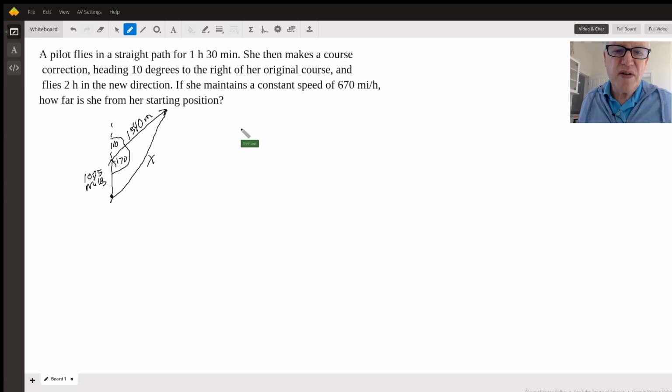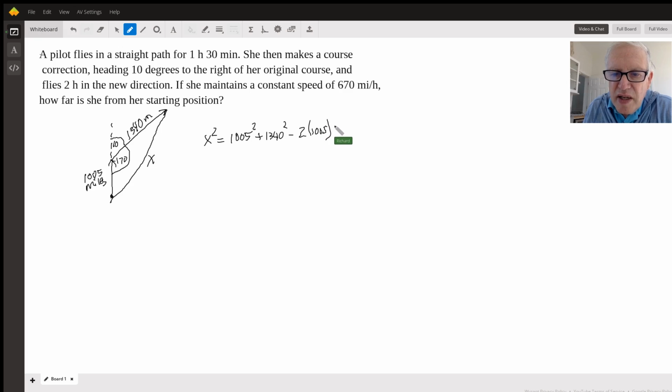And now we're just going to apply the law of cosines. So the law of cosines says that the square of the side opposite the angle of interest, this is our angle of interest here, is equal to the first leg squared plus the second leg squared minus 2 times the first leg times the second leg times the cosine of the angle of interest.